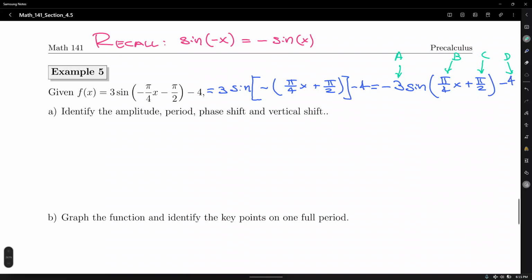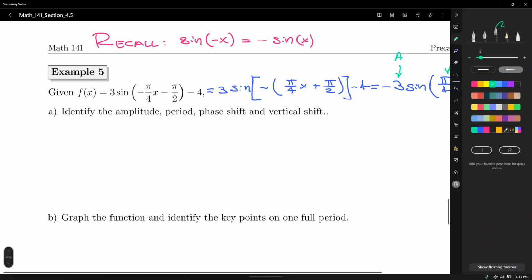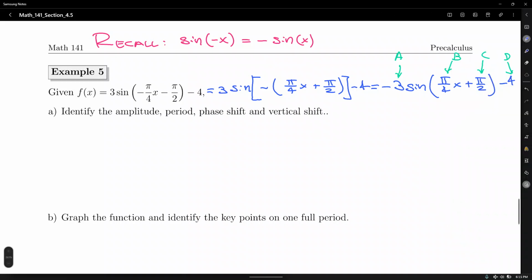All right. So number one, let's find the amplitude. For the amplitude, we will find the absolute value of A, and actually the absolute value is finally going to be useful because now we have a negative quantity, that is the absolute value of negative 3, which is positive 3.